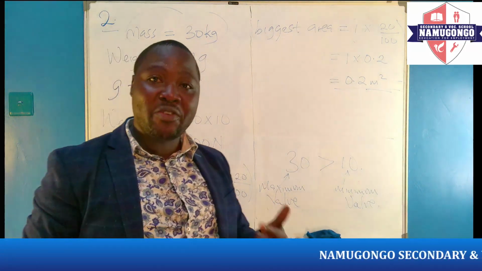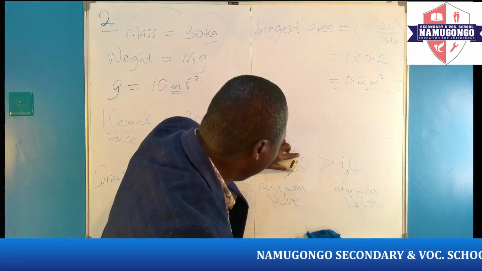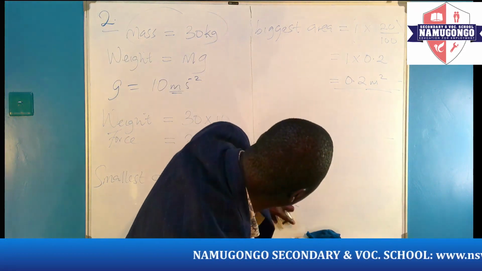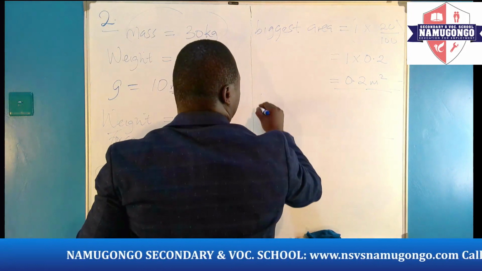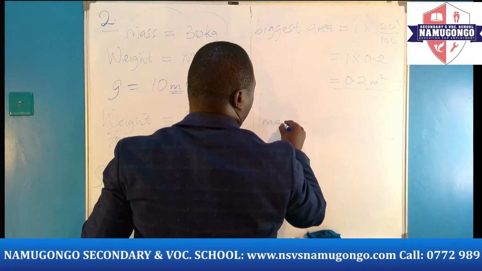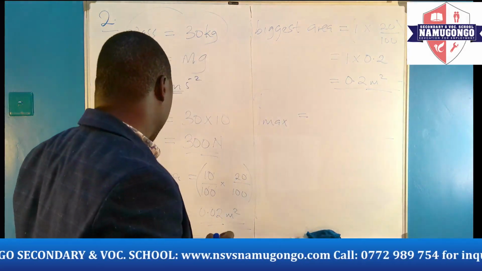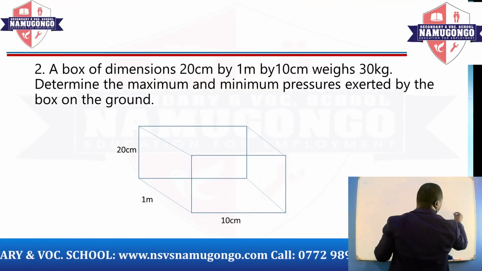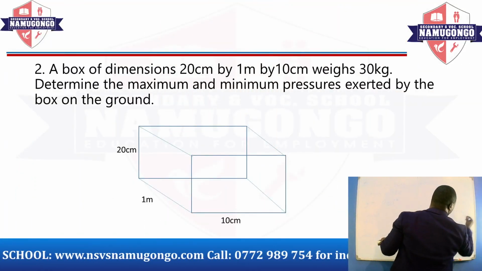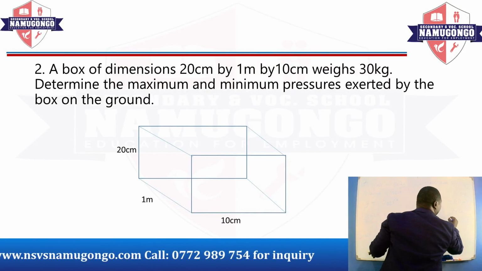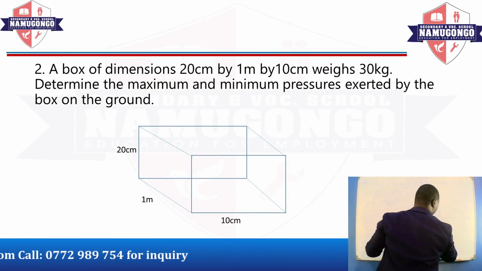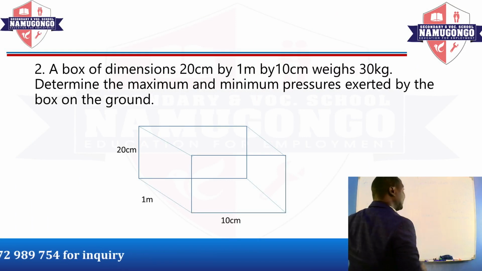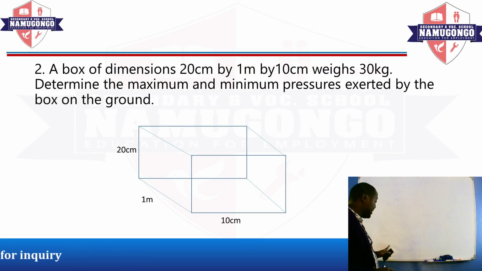Now, I'm going to go ahead and calculate the maximum and minimum pressure. Now, for me to get the pressure max, which we are calling maximum pressure, I'm going to get the force. Our formula is the same, divided by the smallest area. And according to the two answers here, which was the smallest area?